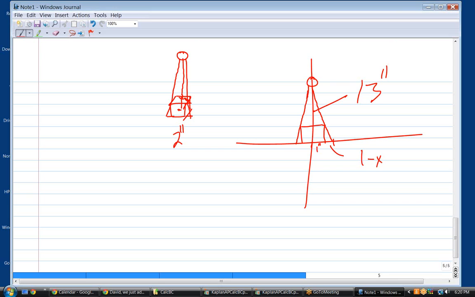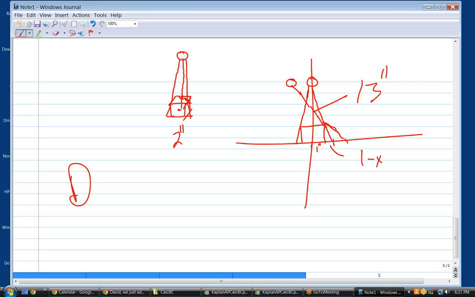So, let's see, if that little tiny area is 1 minus x, so if I make a distance function for the size of the shadow, right, if I were to put the flashlight over here, it would create no shadow on one side, but a bigger shadow on the other.